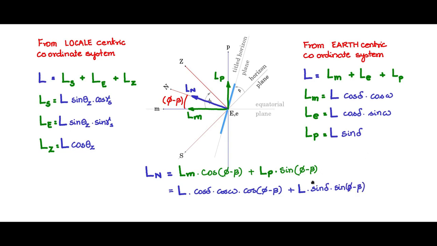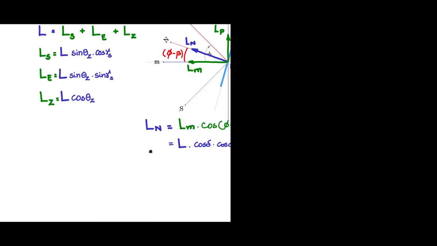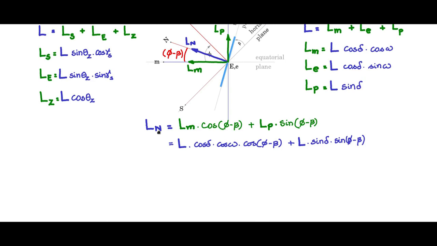Now this is the insolation equation for the insolation that is incident perpendicular to the tilted flat plate collector located at a locality which is at latitude phi from the equator. Now integration of this insolation Ln over the entire day will give the energy on a tilted surface.